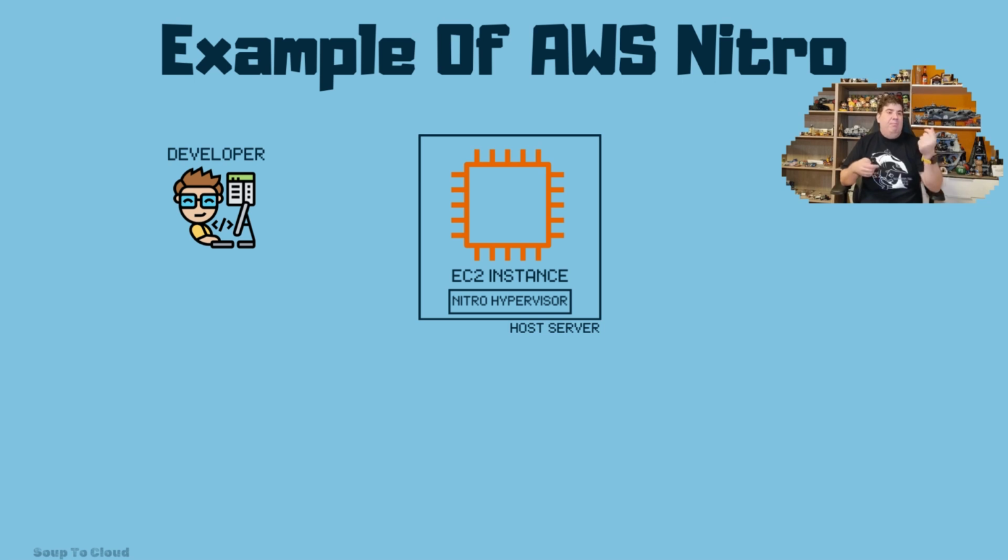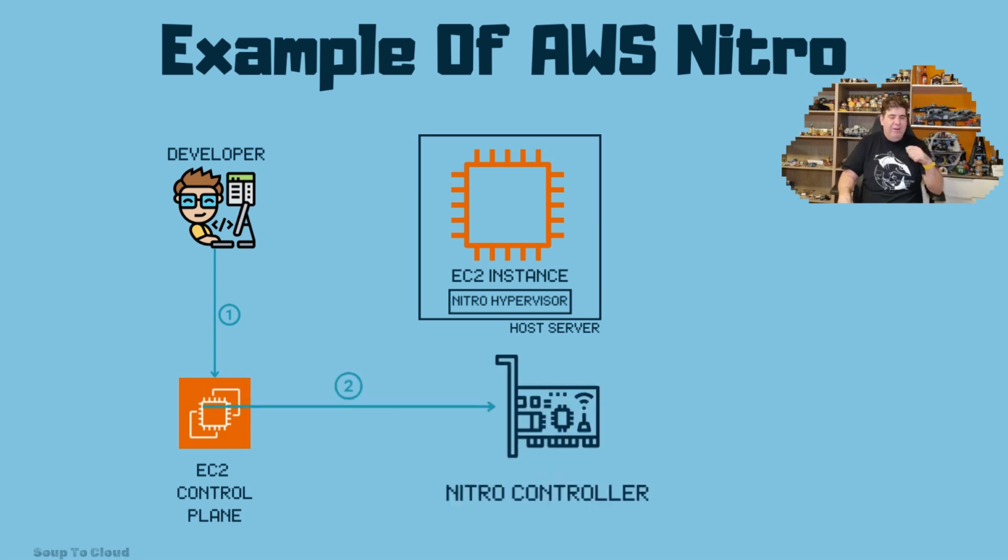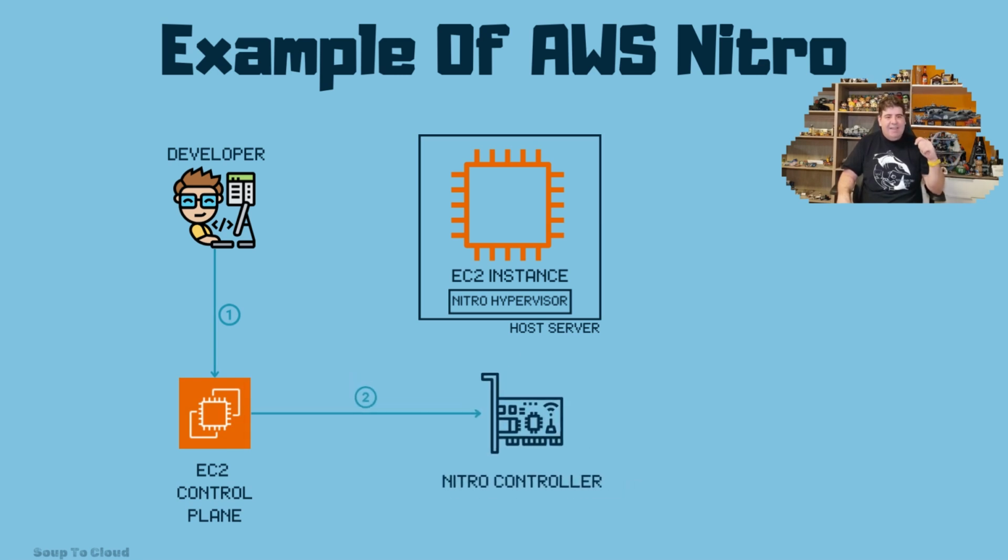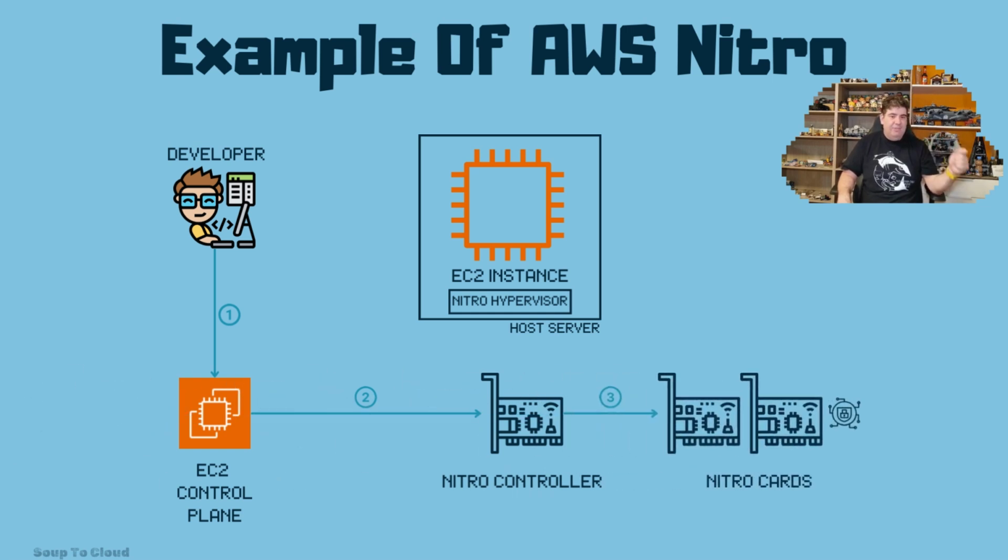When we request AWS to attach it to the instance, we are talking with the EC2 control plane. The EC2 control plane talks with the Nitro controller and says to attach this. And the Nitro controller talks with the Nitro card, the EBS Nitro card, and the EBS Nitro card creates this and presents it to the instance.